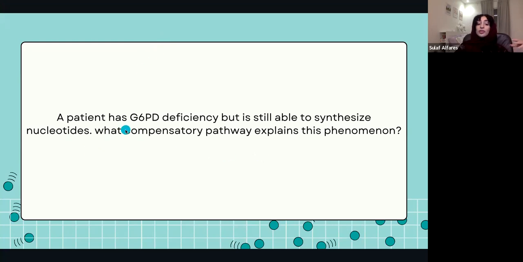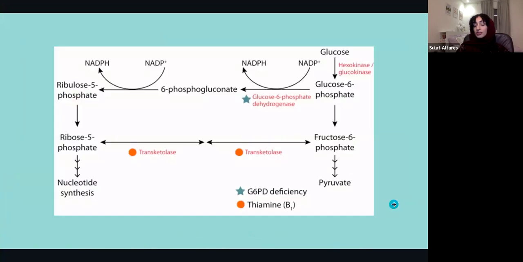So the patient has G6PD deficiency, but can still produce nucleotides. How? Let's look at the cycle again. The first part of the cycle is irreversible, and we need glucose 6-phosphate dehydrogenase to do this. However, the second part of the cycle is, one, reversible, and two, has common intermediates with glycolysis.